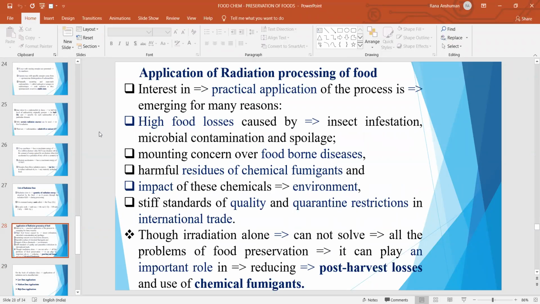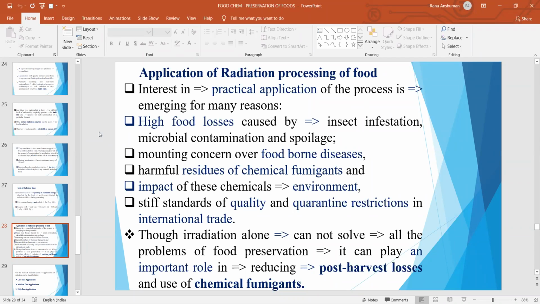Now let us see the application of radiation processing of foods. Interest in practical application of the process is emerging in many regions, including high food losses caused by insect infestation, microbial contamination, and spoilage, mounting concern over foodborne diseases, harmful residues of chemical fumigants, and the impact of these chemicals on the environment, stiff standards of quality and quarantine restrictions in international trade.